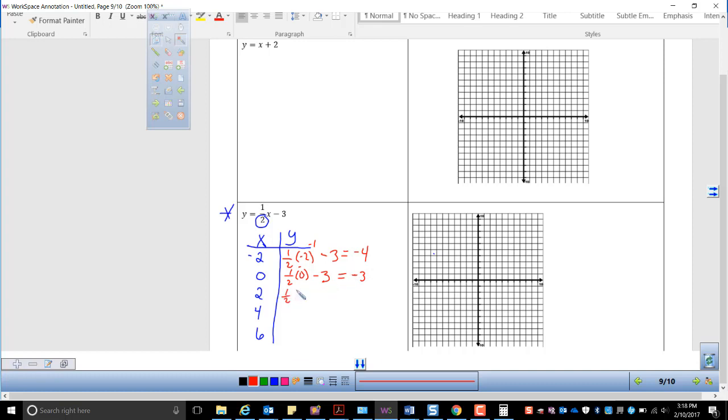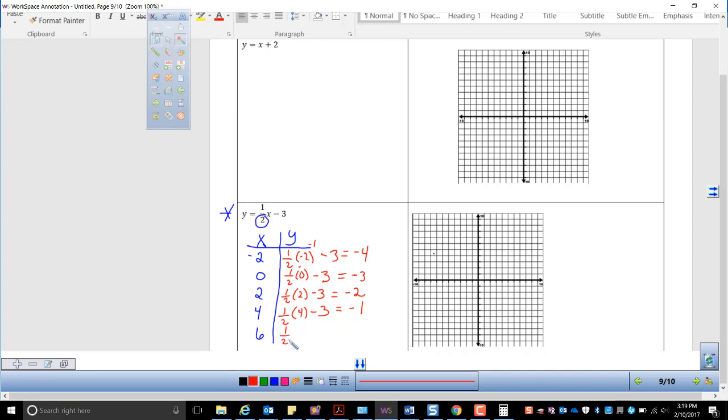Now I'm going to put in 2. 1 times 2 is 2. Divide by 2 is 1. 1 minus 3 is negative 2. Now I'm going to put in 4. 1 times 4 is 4. Divide by 2 is 2. 2 minus 3 is negative 1.